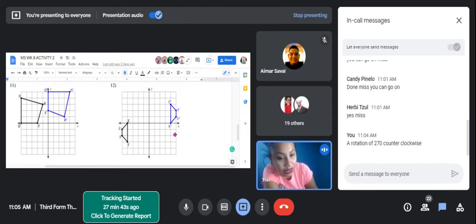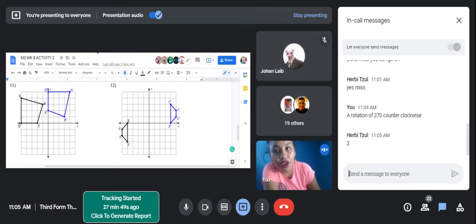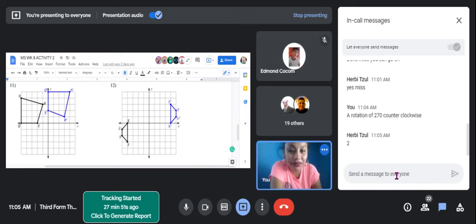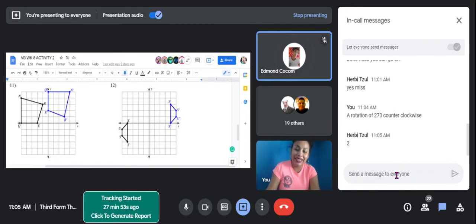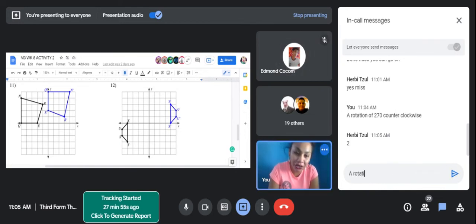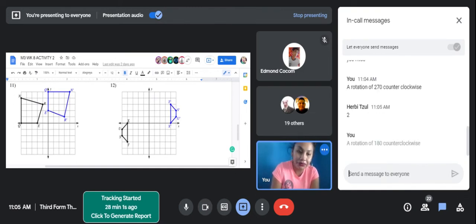That's my rotated image. How many jumps happened here? 2. How many degrees would that be? 180. Very good. So my description would say a rotation of 180 degrees counterclockwise. And then that would be for number 12.